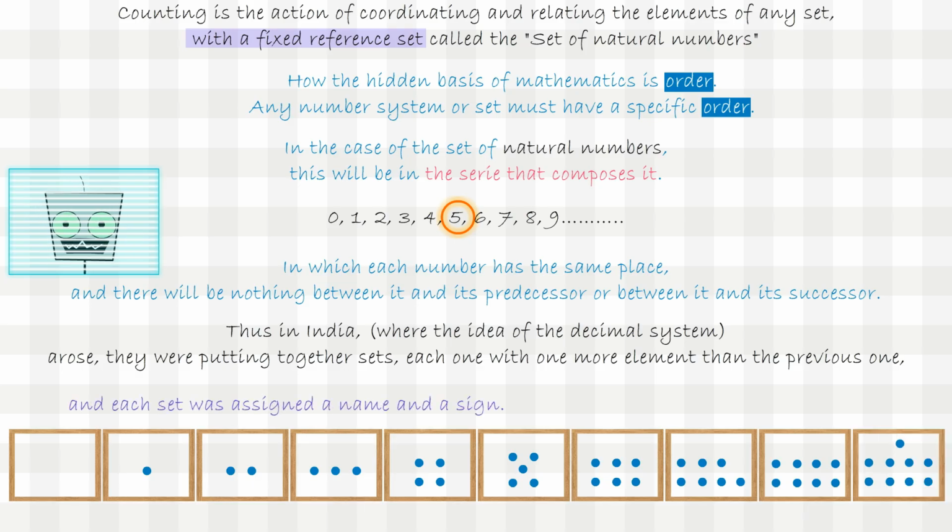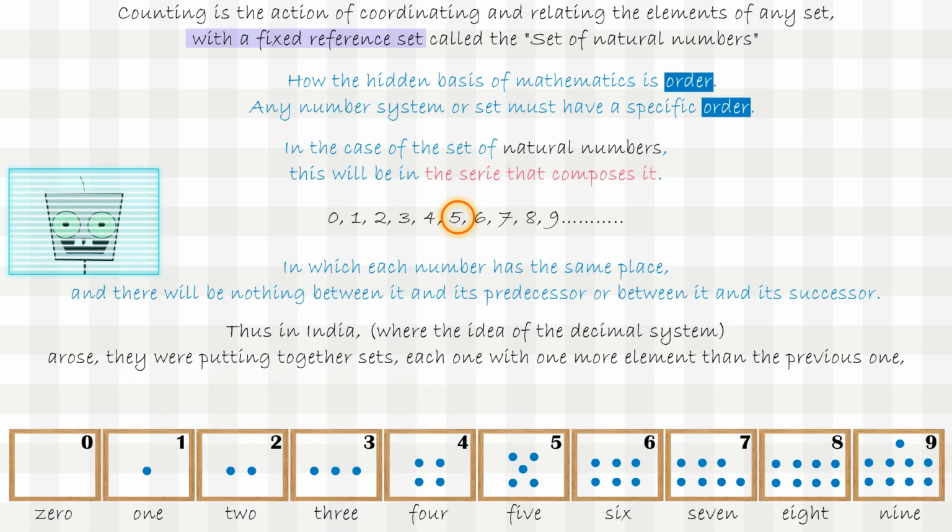And each set was assigned a name and a sign. Of course, 0 came later, and the names and symbols have changed somewhat since its creation.